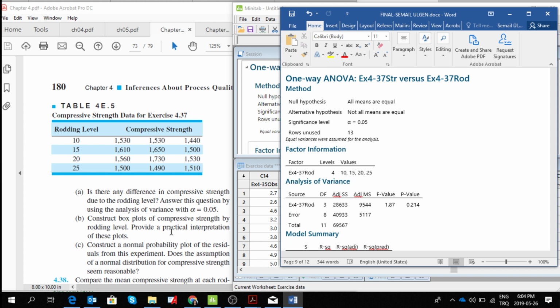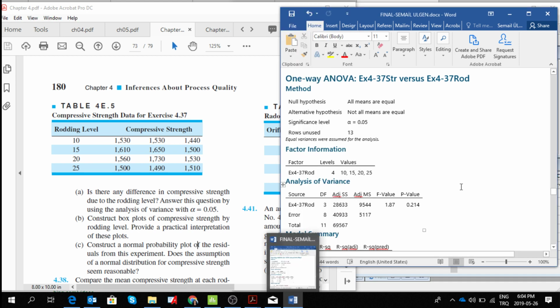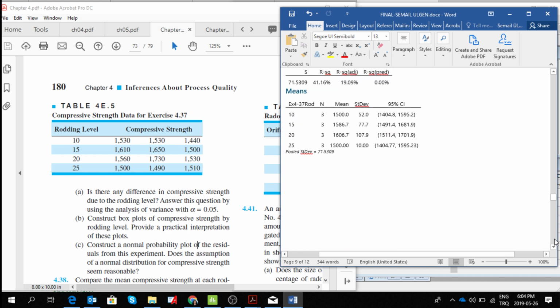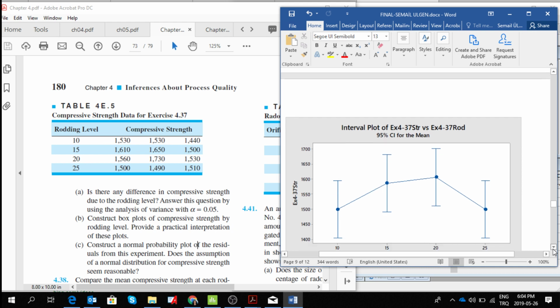Answer to part B: construct box plots of strength by routing level and provide a practical interpretation of these plots. We go down for the box plot. This is the interval plot, which we don't need.